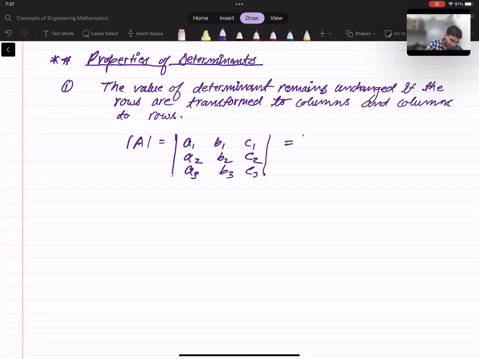So this will be the same as A1, B1, C1 as a column, then A2, B2, C2, and A3, B3, C3. You can see that the rows have now become columns. This is also called transposing the determinant. This term transpose will be used again in matrices, so this is an important operation.